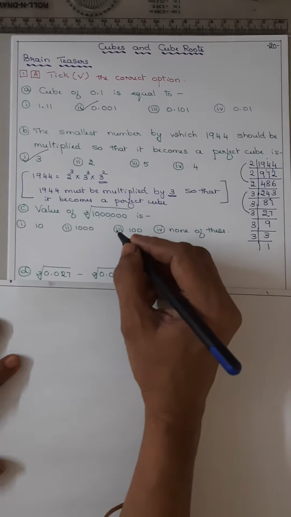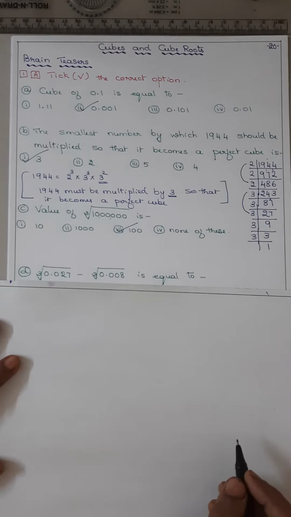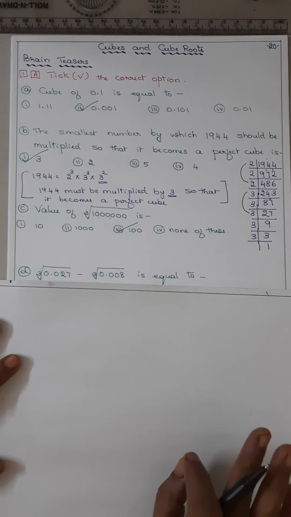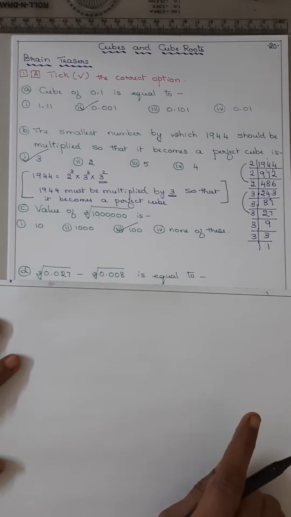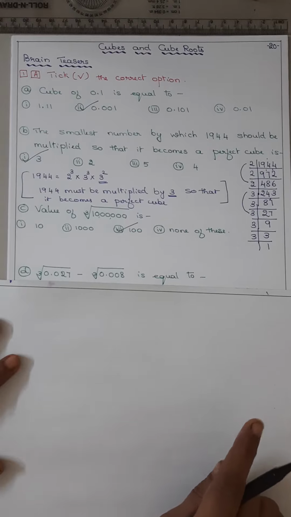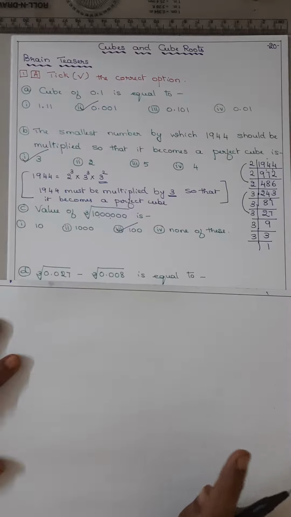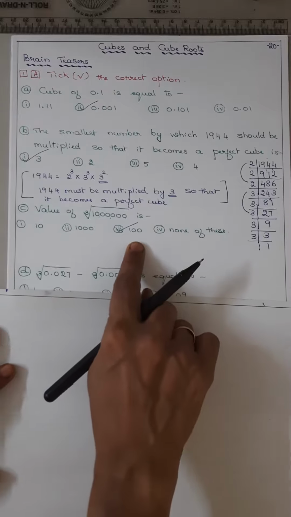So the answer is 100, the third option. You remember, it is 3 zeros, 1. The cube root will have 1 zero. 10 cube is 1000. So 6 zeros, the answer will have 2 zeros.